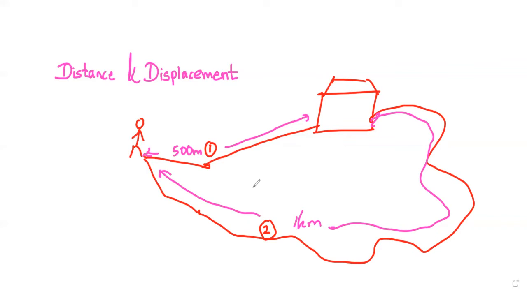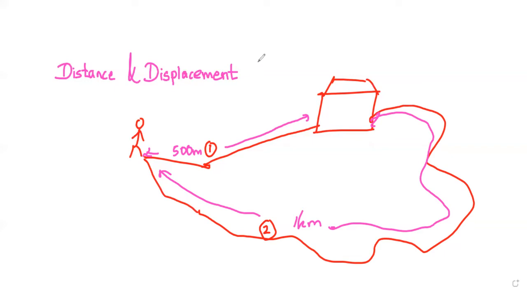Distance is very simple: it means the total path length the particle moved. In this example, we are the particle. We use the second road, which is 1 kilometer, so we need to walk 1 kilometer. The total path length is going to be 1 kilometer.